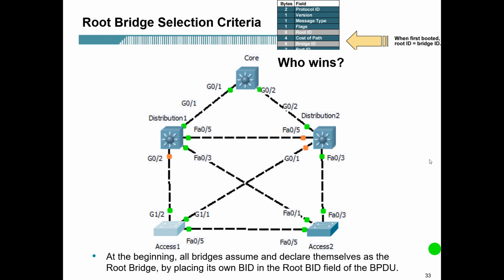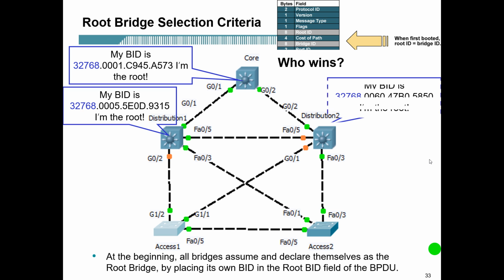When the first booted root ID equals the bridge ID, that will show one of the items for our root bridge. At the beginning, all bridges assume and declare themselves as the root bridge by placing their own BID in the root BID field of the BPDUs.